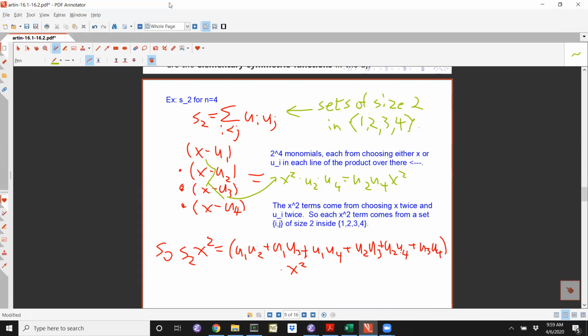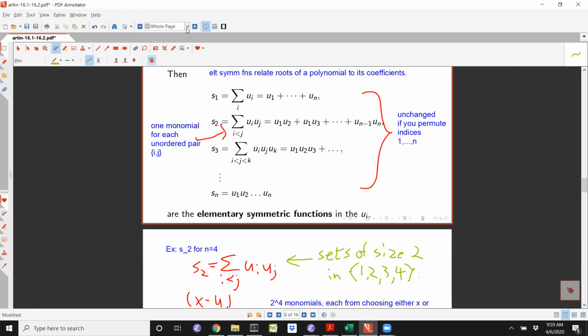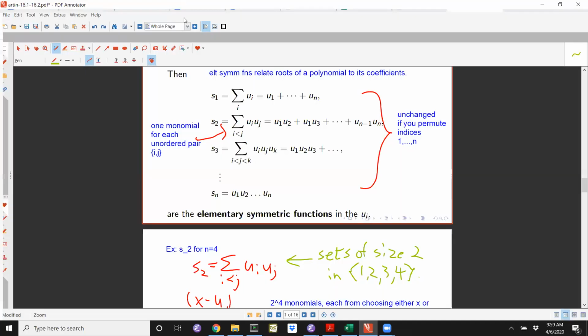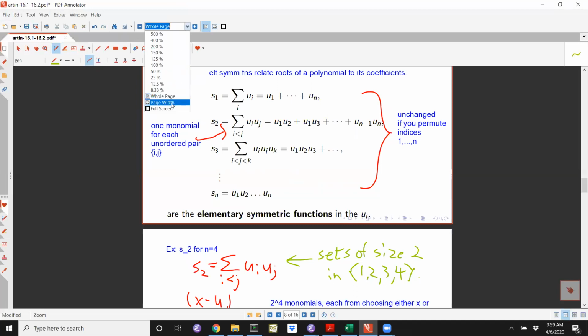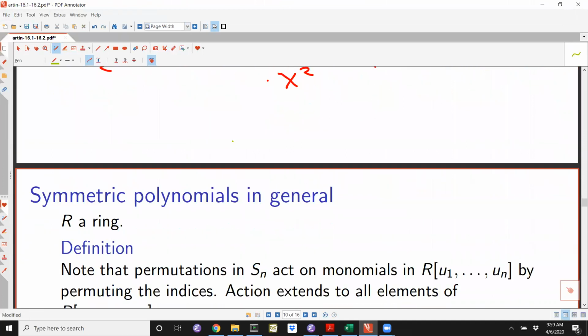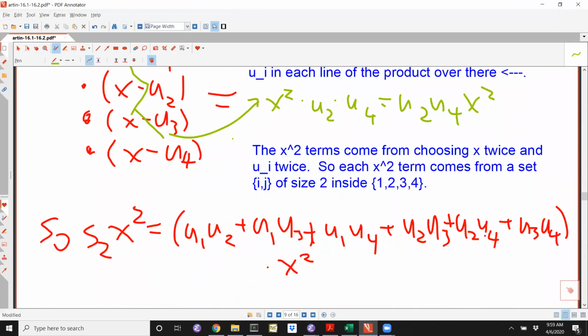That's what that definition means, and where this slightly mysterious sum formula comes from. Okay. There we go, not full screen. All right, so those are the elementary symmetric functions.